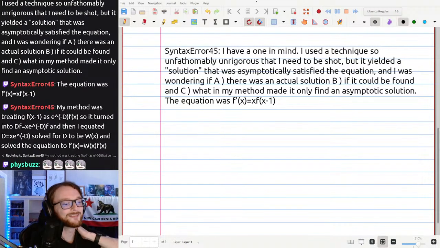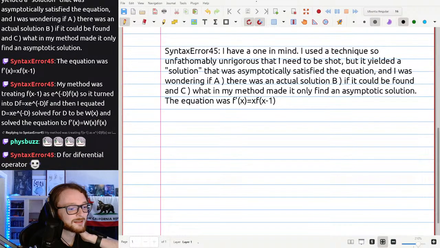E to the minus D? What is D? The wire stress function? Or just an arbitrary function? D for differential operator. Oh, it's the big D notation.